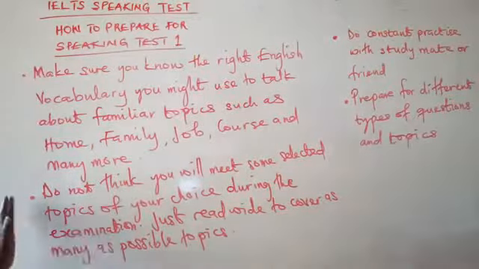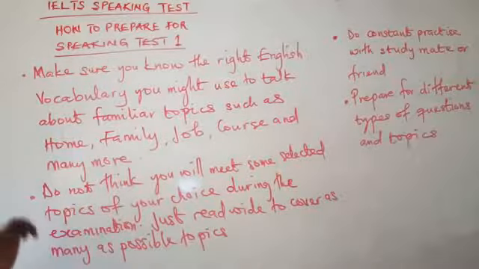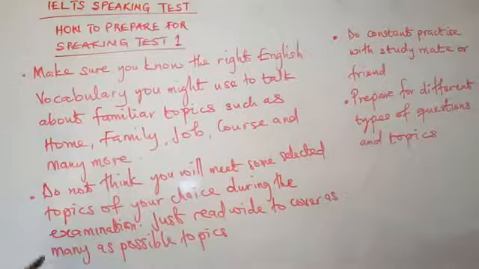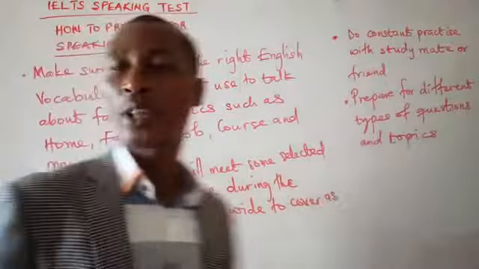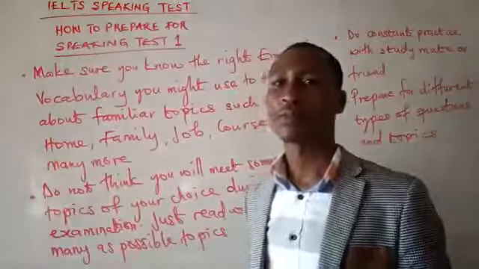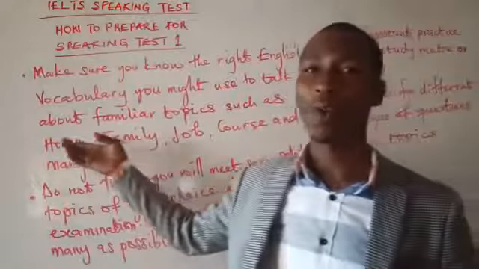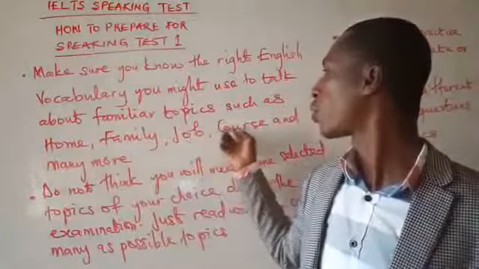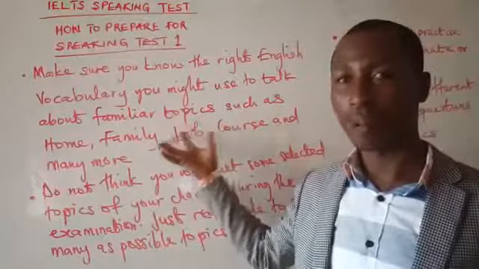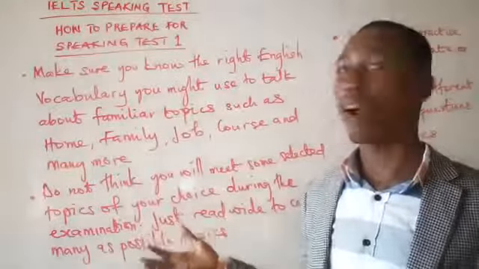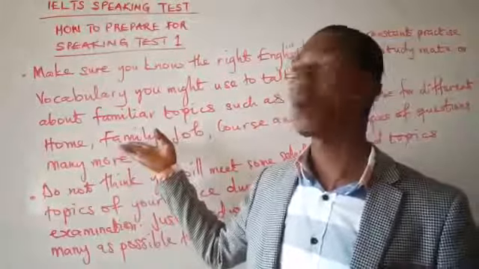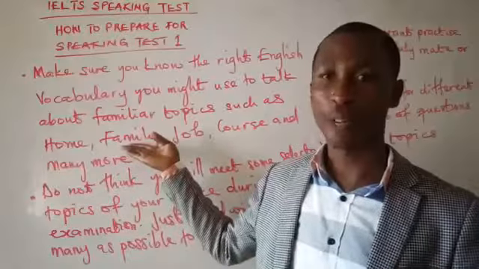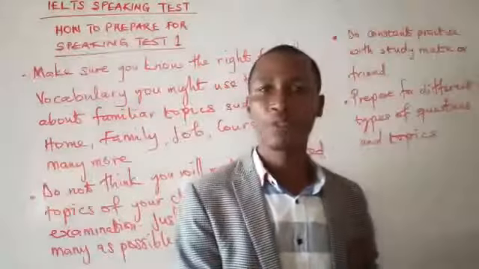Good. The second point is that you should not think you will meet some selected topics of your choice during the examination. Just read widely to cover as many topics as possible. Now, what does this mean? Because I've given examples like home, family, job, course, and many more, a candidate may decide to just prepare familiar topics on family, hoping that he is going to meet family.